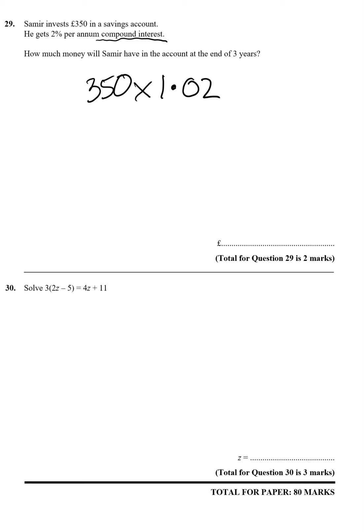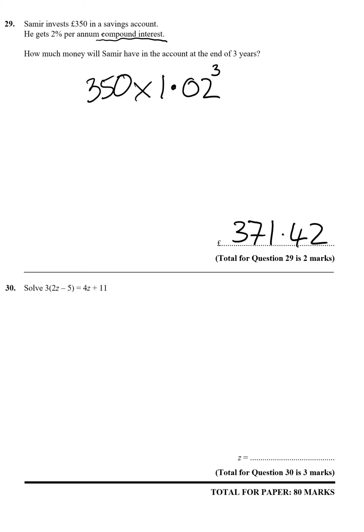But because it's 3 years, power of 3, so 350 times 1.02 to the power of 3 gives me 371.42. Now you could work out 2%, add it on, but then you'd have to do that 3 times. You'd have to work out the 2% at the end of each year, because it's compound interest. It's not the same amount being added on.